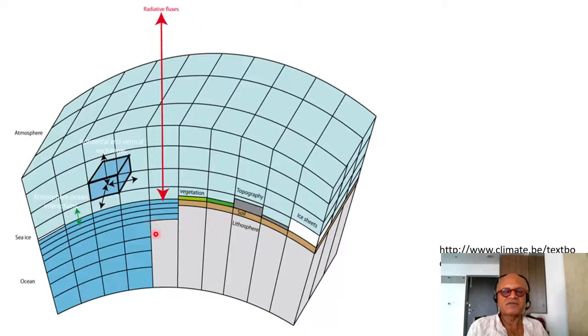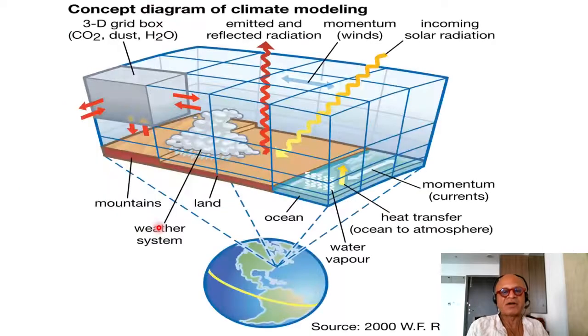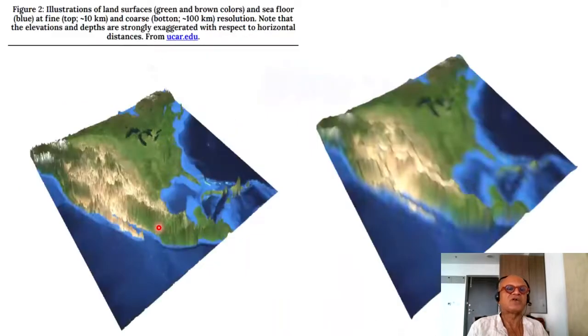The corner here is a very sharp edge, but if we increase the number of these grid points, then the smooth curves get represented much better, and that's what is being shown here. So these are illustrations of land surface, green and brown colors, and sea floor in blue at fine, so 10 kilometer resolution here, and coarse or 100 kilometer resolution here.